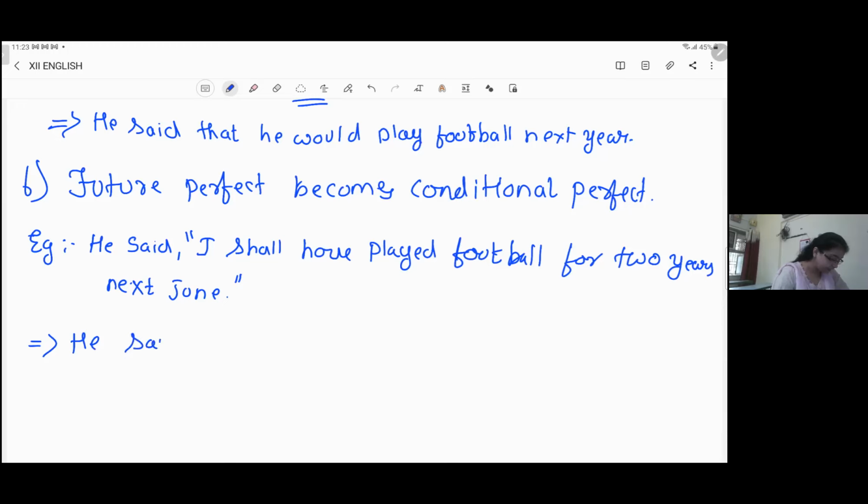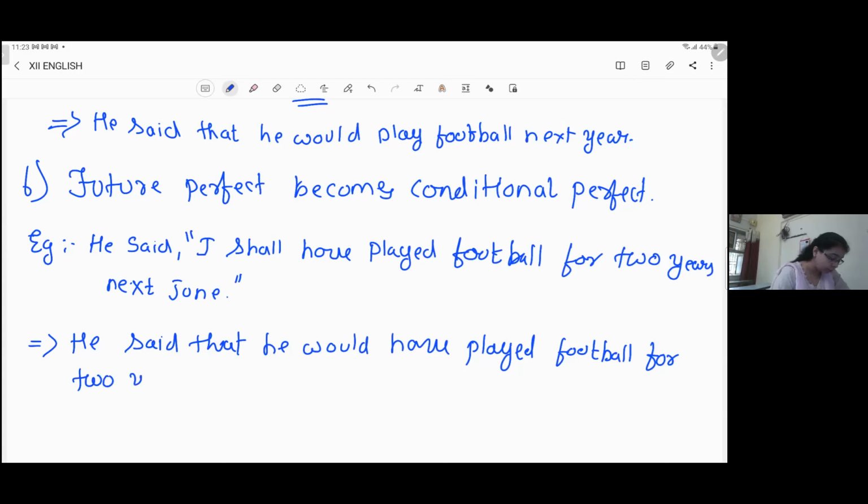He said that he would have played football for 2 years next June. Clear?